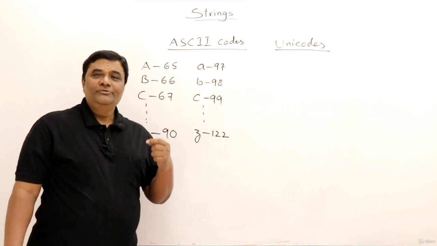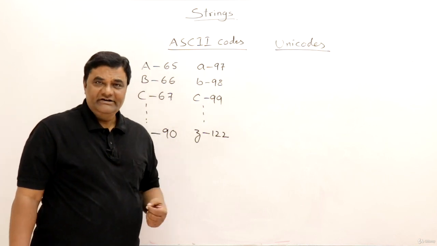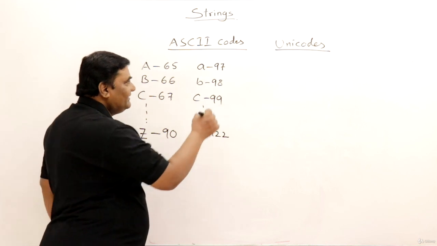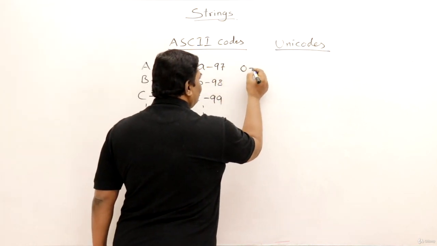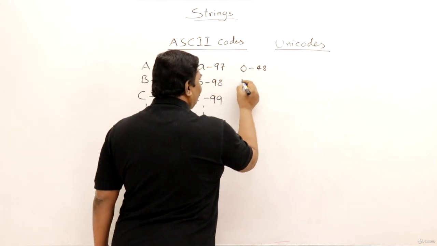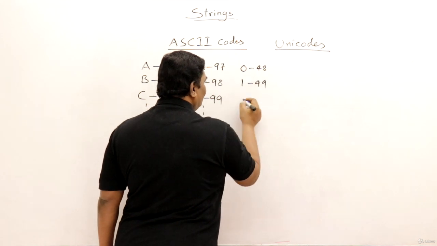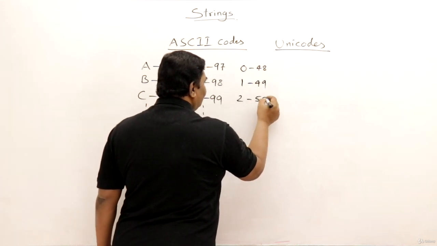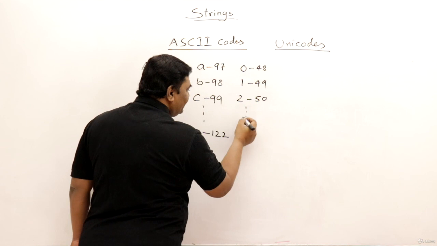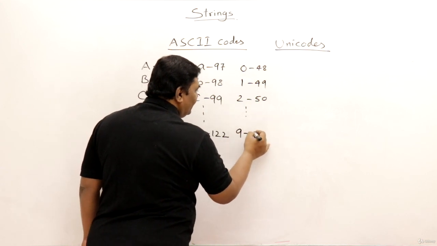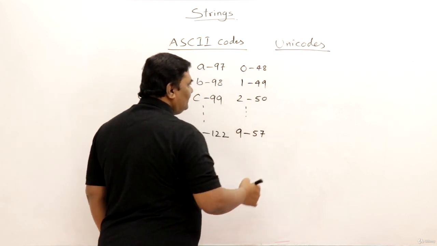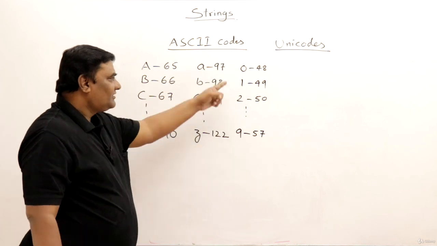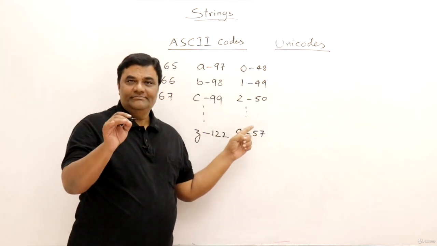Then for numerical symbols like 0, 1, 2, 3 also ASCII codes are there. What is the ASCII code for 0? It is 48. Then for 1 it is 49, for 2 it is 50 and so on. The last digit is 9, so it is 57. So these are the codes for numerical symbols.